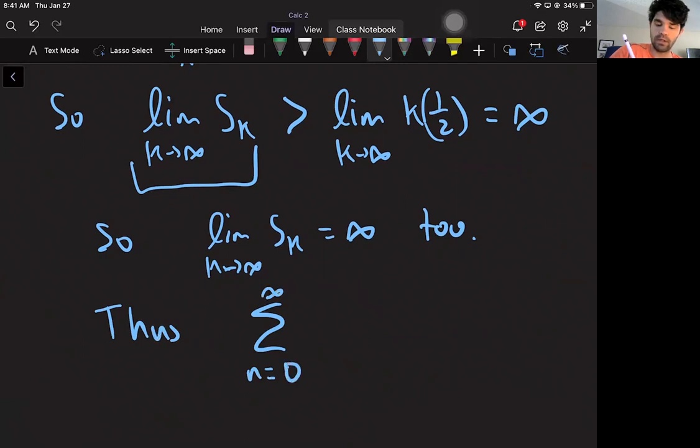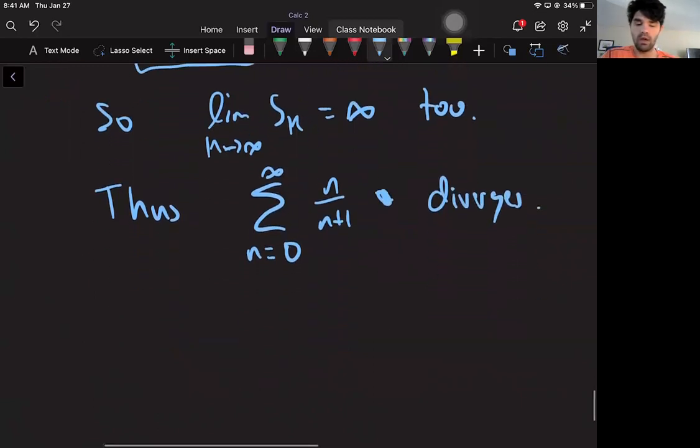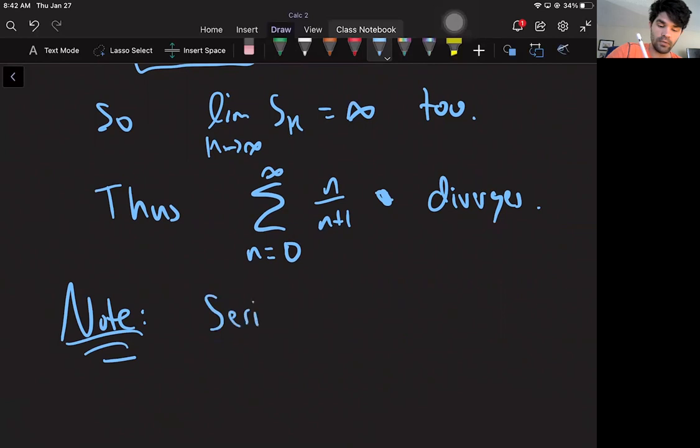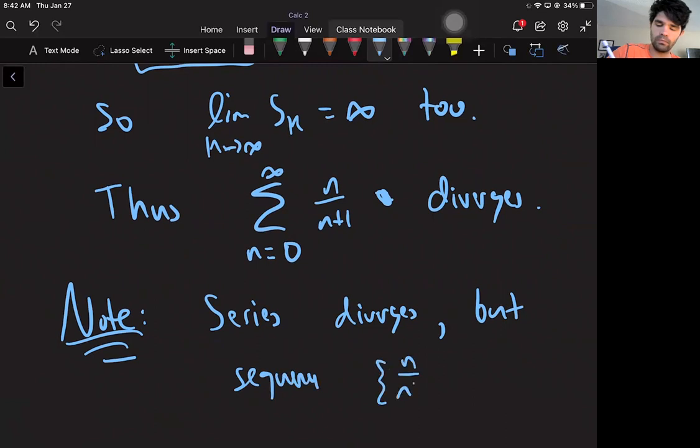I started at 0 this time. And I just really want to note, again, the series diverges, and that's different from the sequence. So they don't have to do the same thing. The sequence, if I just look at this sequence, that will actually converge to 1.